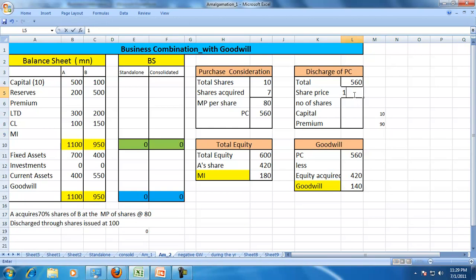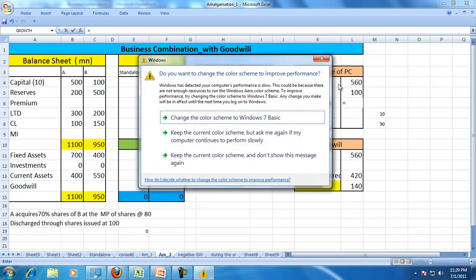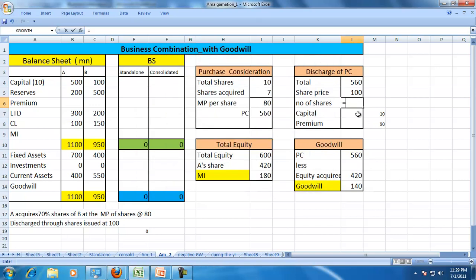The number of shares to be issued by A will be 560 divided by 100, which is 5.6 million shares. So 5.6 into the face value, and the balance is a premium, 5.6 into 90. That comes to 560.